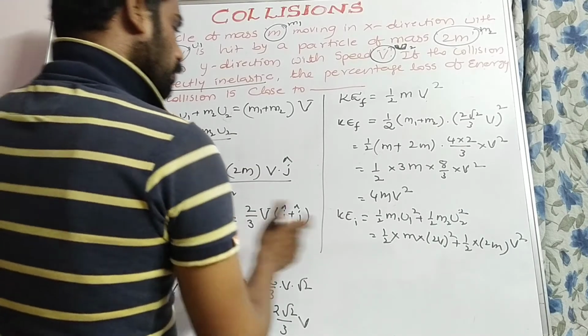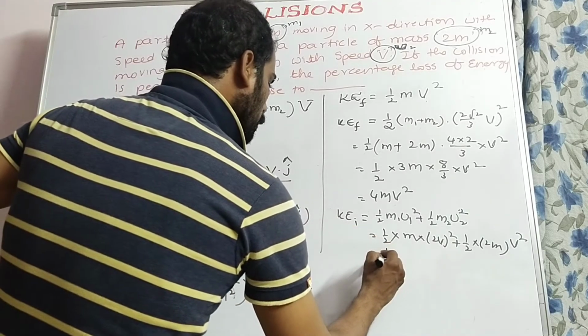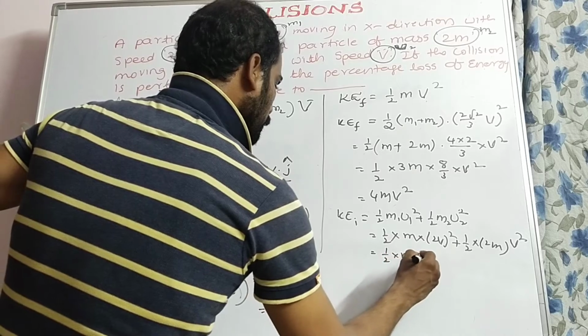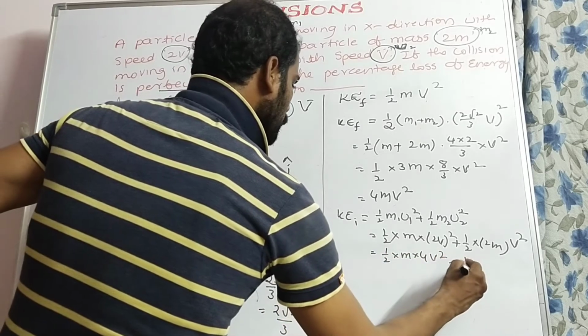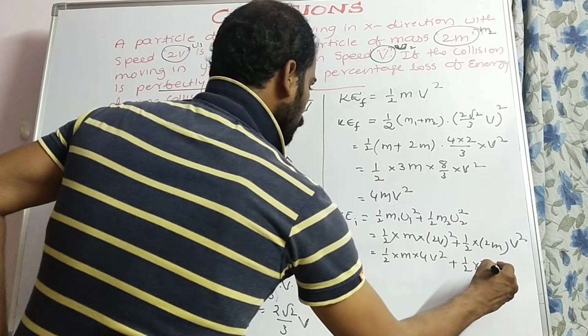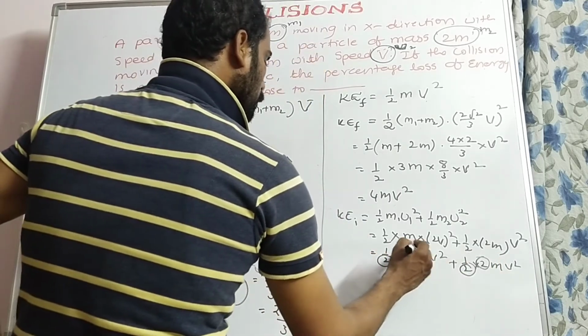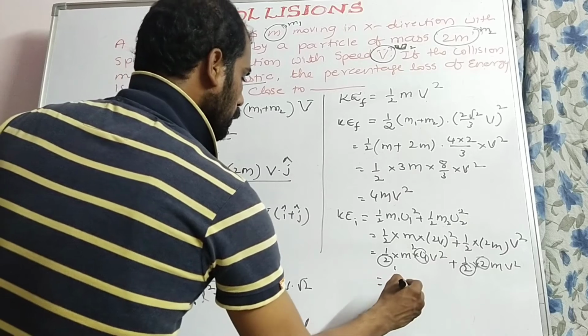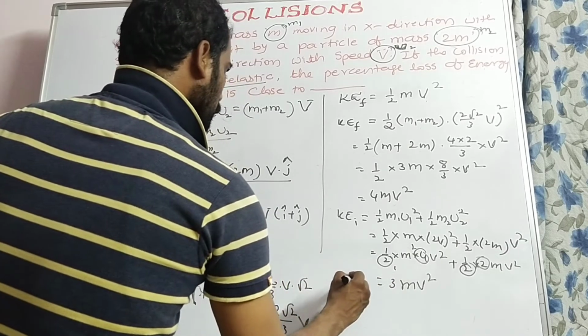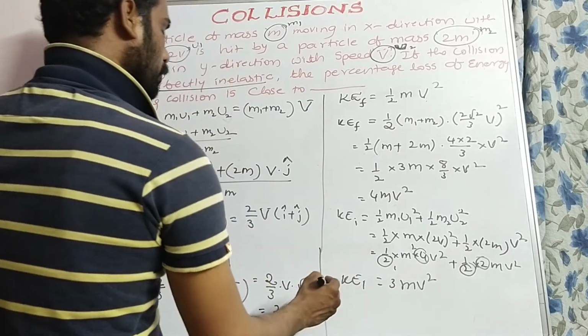So that is equal to half into m into 4v square plus half into 2m into v square. 2 gets cancelled. That is 3m v square. K initial is 3m v square.